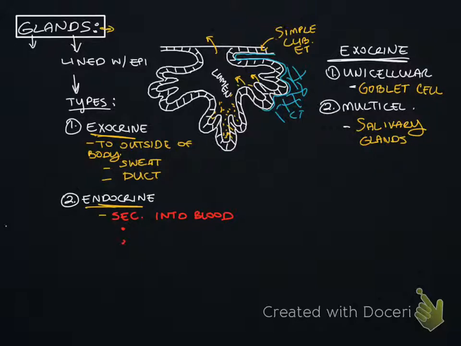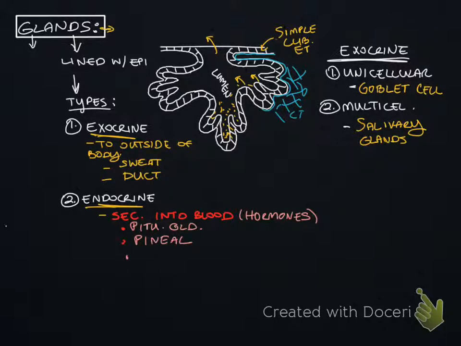So then if the gland secretes things into the blood, for instance hormones, these do not generally have ducts, and they are really close to a blood supply. These are going to be, for example, the pituitary gland or the pineal gland.